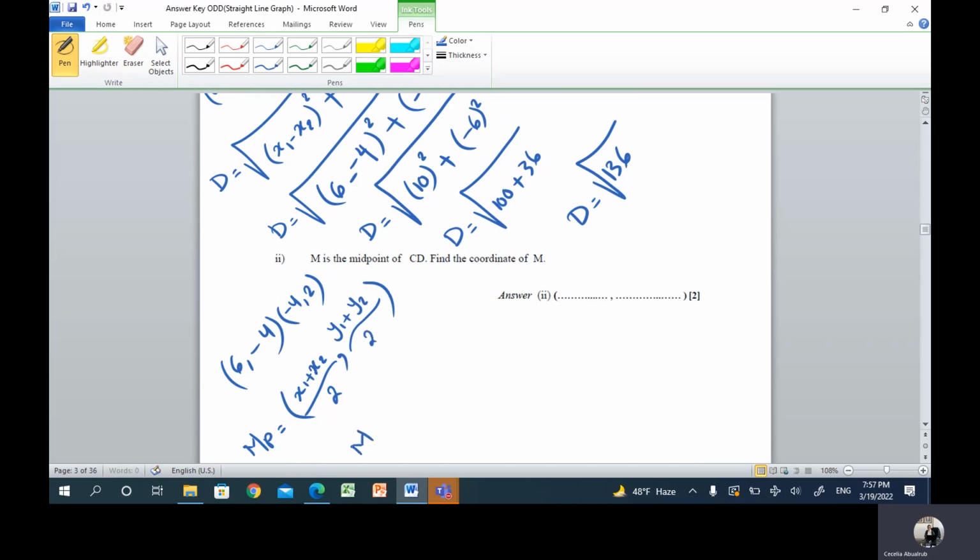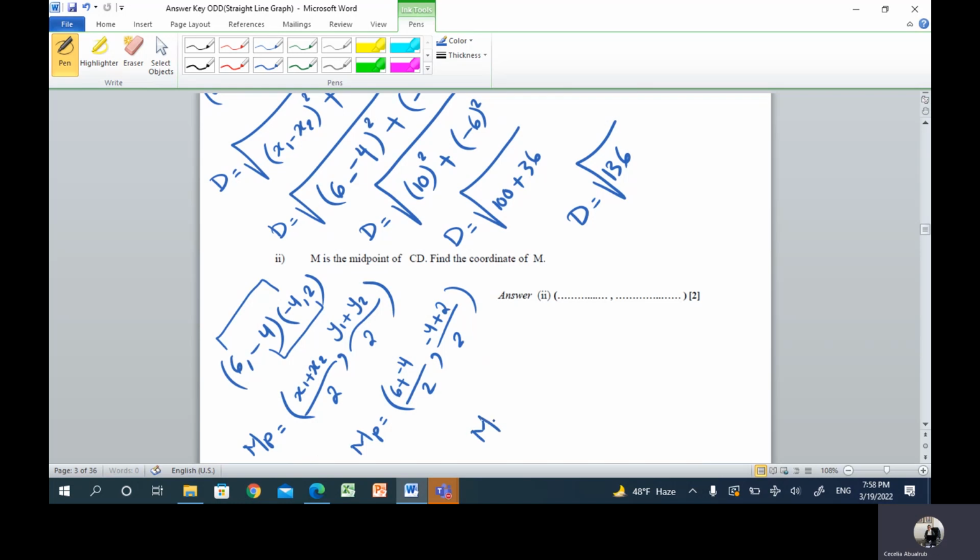So the midpoint equals, you open the two brackets, over 2 over 2. So the x's are 6 and negative 4, so 6 plus negative 4. And then the y's are negative 4 and 2, so negative 4 plus 2.